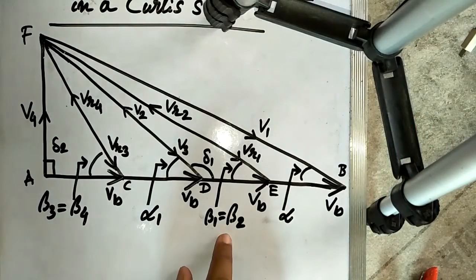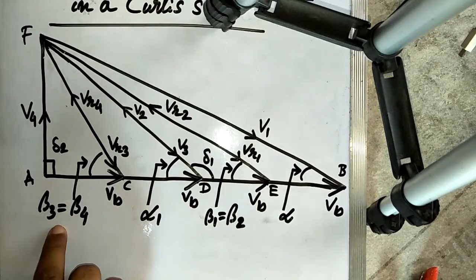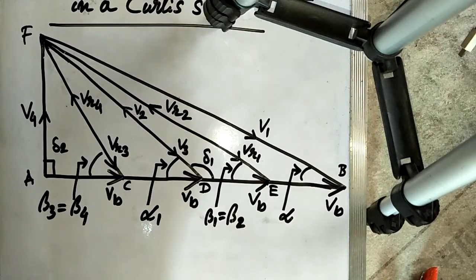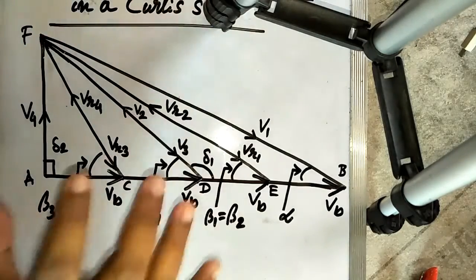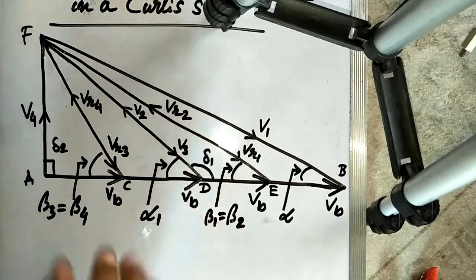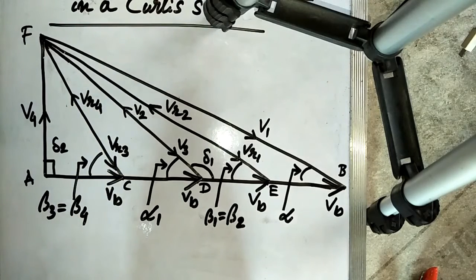That is, we are assuming that beta 1 equals beta 2 and beta 3 equals beta 4, the blade friction factor as unity, that means Kb equals 1, and the axial discharge, that is delta, equals 90 degree. The velocity diagram for first and second row of moving blades can be combined into one diagram, as shown in this figure.